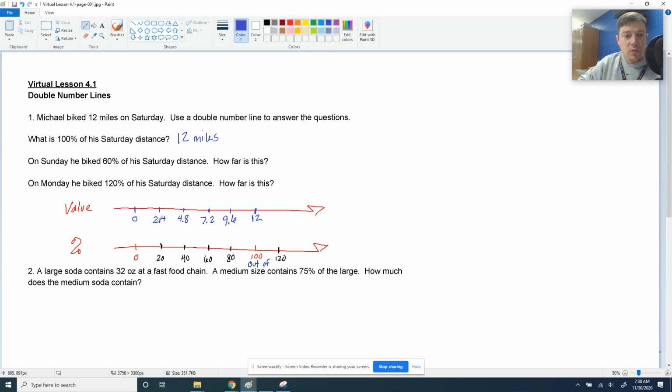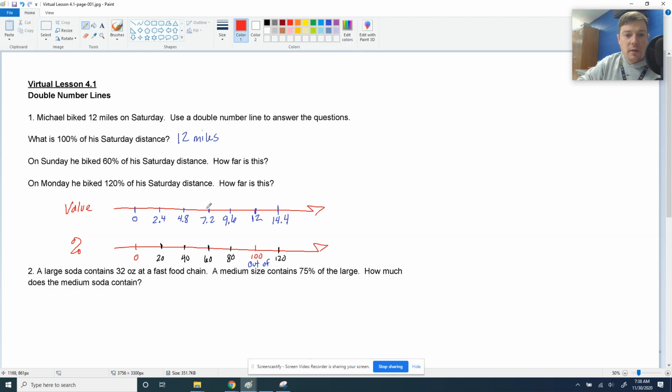So I've broken that up into fifths. We can see all of those are 2.4 skip counting, or think of it like counting by 24s, but with the decimal involved, right? And so if I go past the 100% by another 20, that would be another skip count by 2.4, and that would be 14.4, 2.4 more than the 12. And so how much did he bike if he did 60% of his Saturday distance on Sunday?